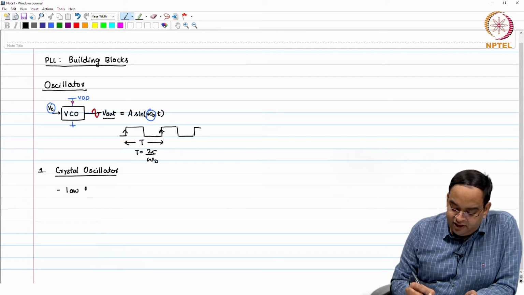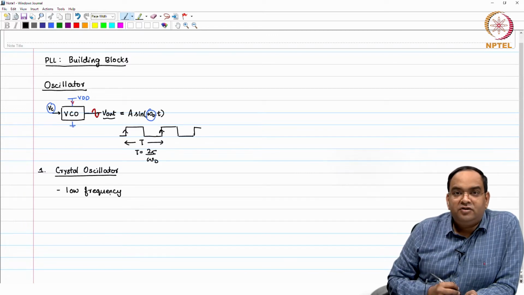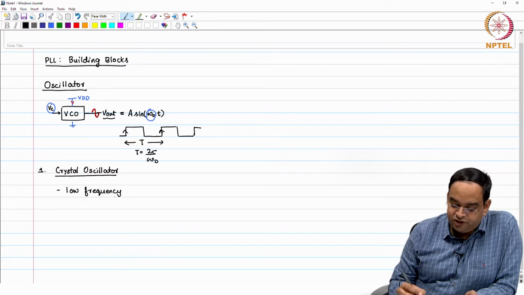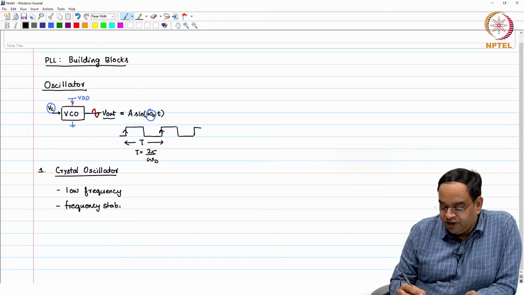It is generally a low frequency output that you get. Okay. The frequencies are low, ranging from a few kilohertz to a few hundred megahertz at the max. Okay. So, the output is low frequency, and the frequency stability is excellent. So, what is frequency stability?